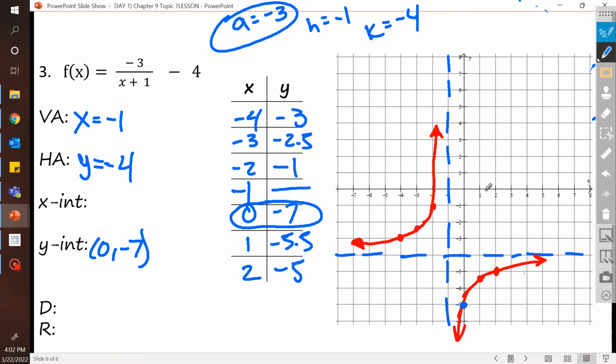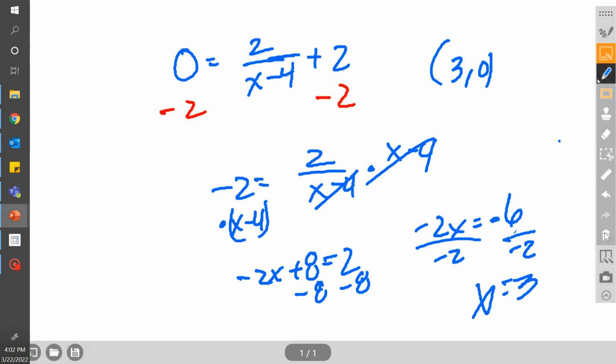However, the x-intercept is a little bit more complicated. I know it's somewhere around here, but I can't see exactly where it is. So what I have to do is set the equation equal to 0 and figure out what it is. So 0 equals -3 over x plus 1, minus 4. And I can just solve this for x.